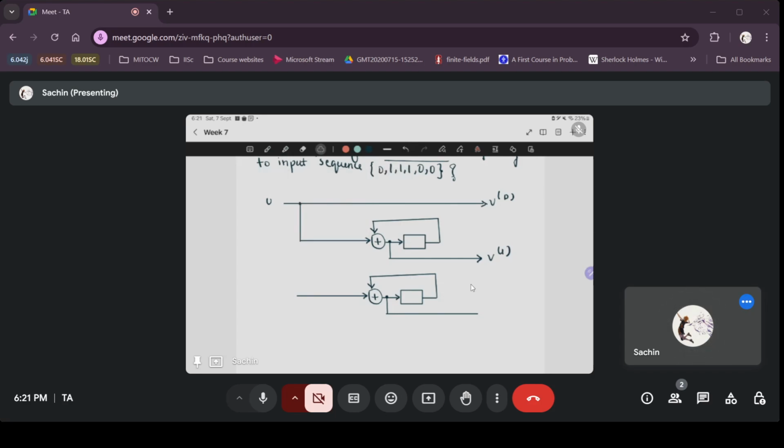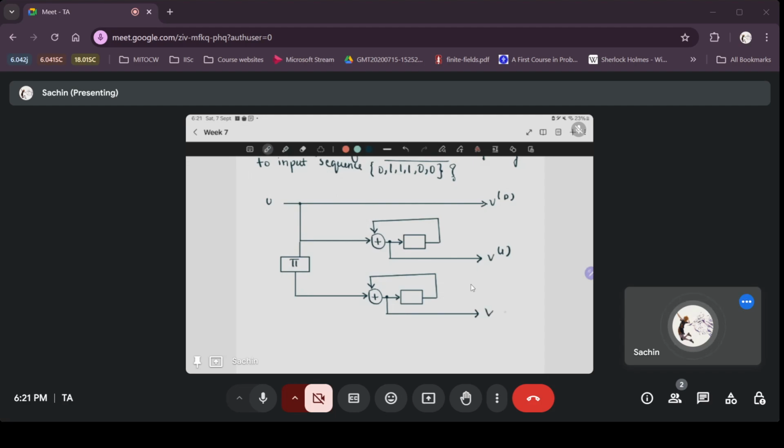So here an interleaver pi shall interleave the information bits in a block and send it to the same structured convolutional encoder.